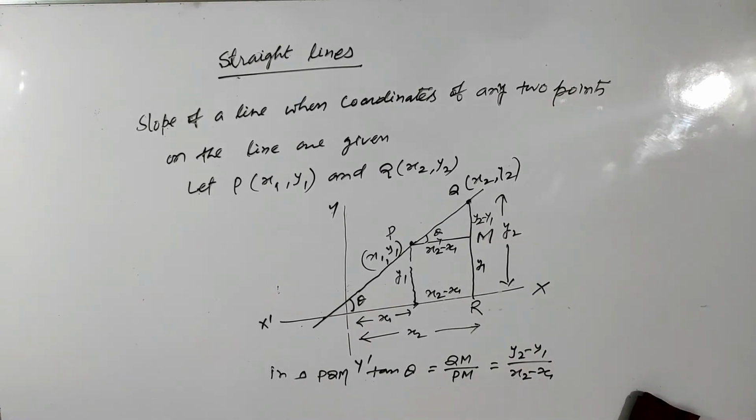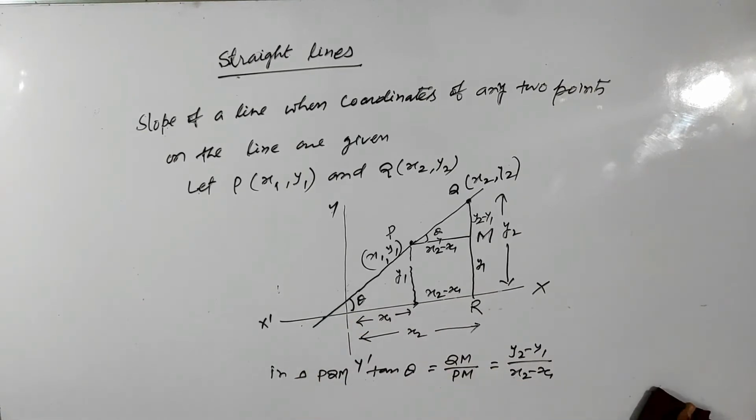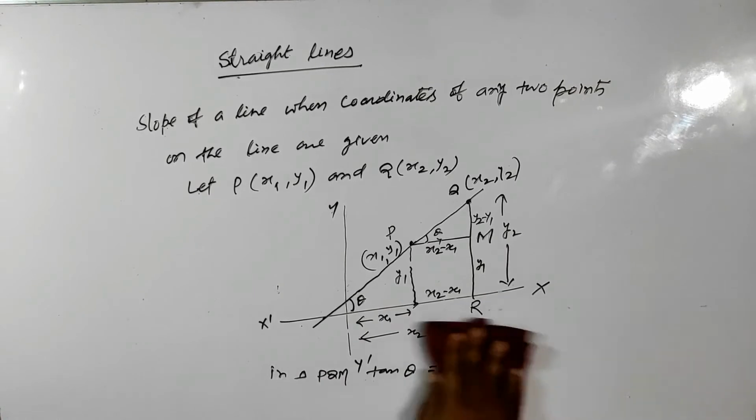It means if two points in a coordinate plane are given, then you can find the slope of the line which joins these two points. Okay. Now consider if this angle theta is not acute, it is obtuse, then what will it be?